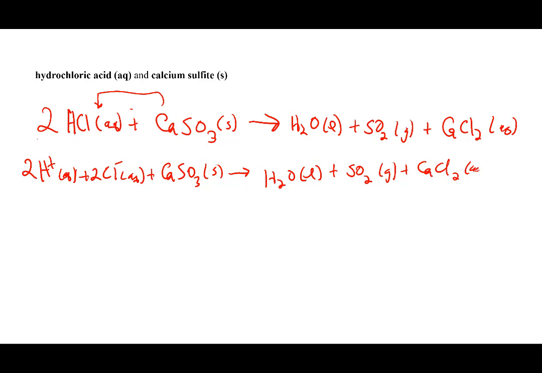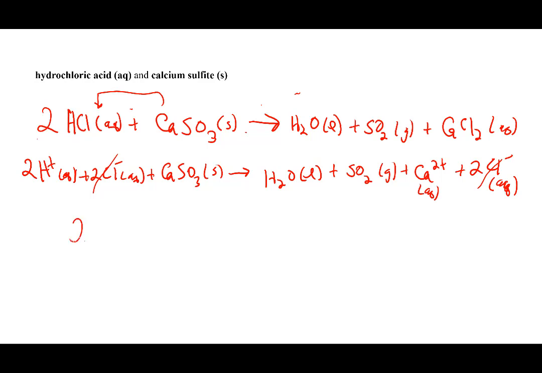What am I doing? That calcium chloride is a soluble salt. So that's calcium 2 plus aqueous, plus 2 chlorides, aqueous. All right, so what has not changed? The only thing that hasn't changed is the chlorides. Everything else has changed.